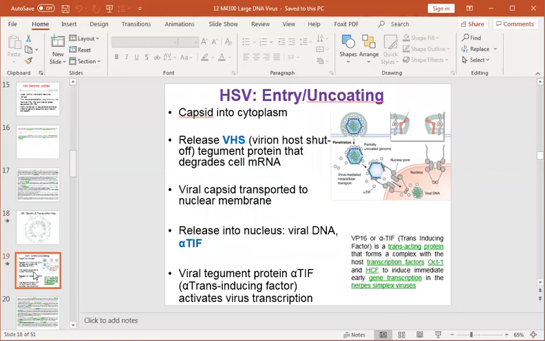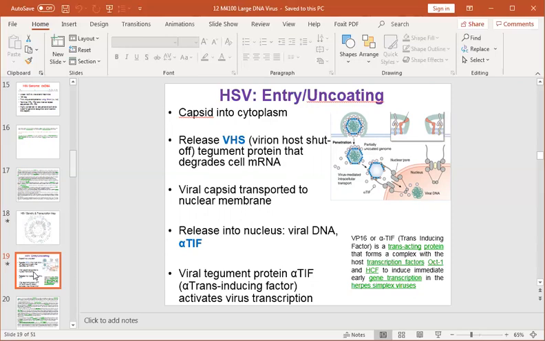Moving to slide number 19, this is a very important slide. How HSV gains entry into the cell and uncoats, meaning that its genome is being separated from its capsid. The capsid gets into the cytoplasm. Once it gets into the cytoplasm, remember we said that there is a matrix structure or tegument.